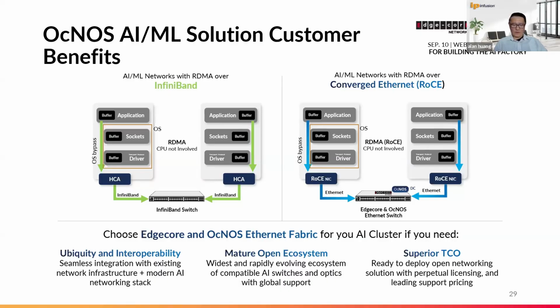Our cost effectiveness allows customers to achieve more with less, while we provide the freedom to choose from a wide and rapidly evolving ecosystem of compatible AI switches and optics with global support.